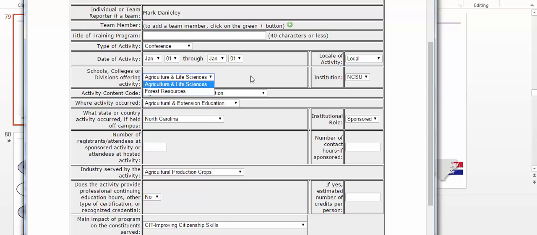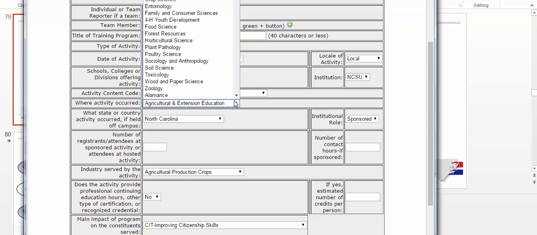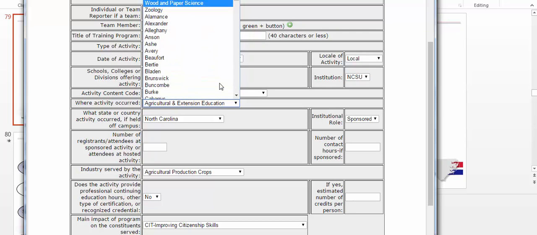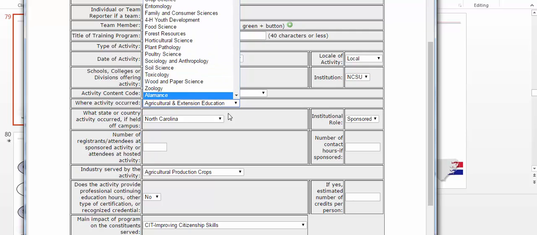Whether it's in the college, ag and life sciences, or forest resources. Whether it's NC State or NC A&T, state universities. Where the activity occurred, which county or department.